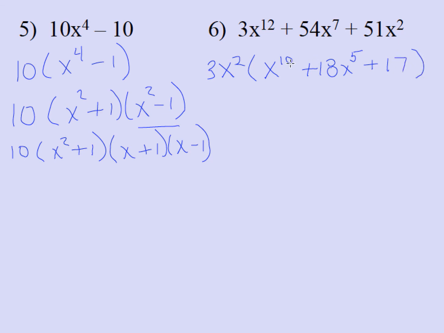Now look, this is the 10th power, the 5th power, twice as big, 3x squared. That's going to be x to the 5th plus 17 and x to the 5th plus 1. Okay.